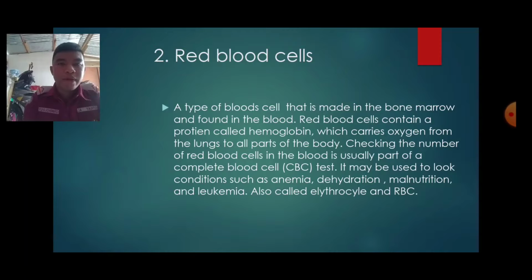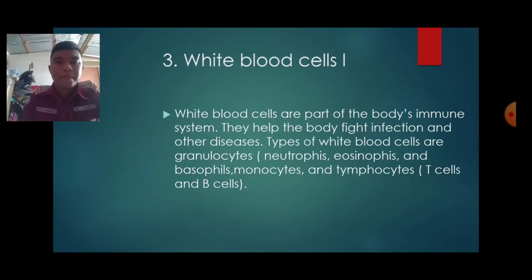Checking the number of red blood cells in the blood is usually part of the complete blood count (CBC) test. It may be used to look for conditions such as anemia, dehydration, malnutrition, and leukemia. Also called erythrocytes and RBC.